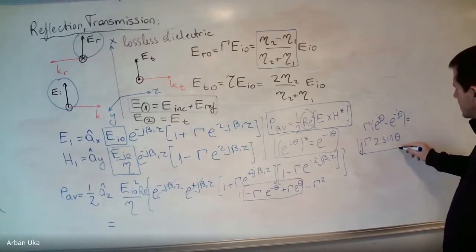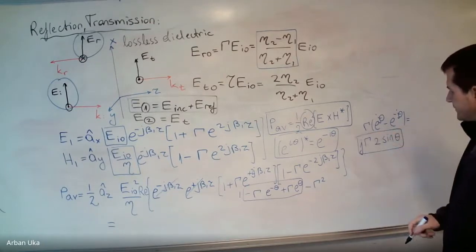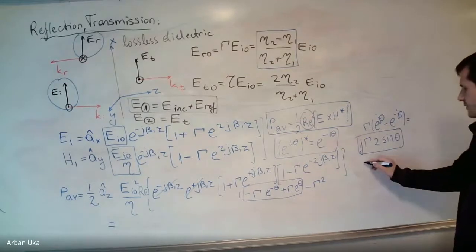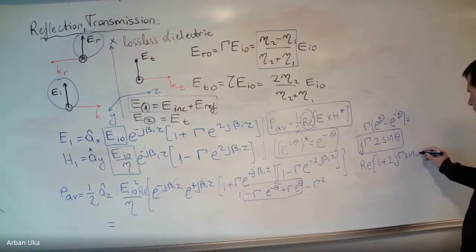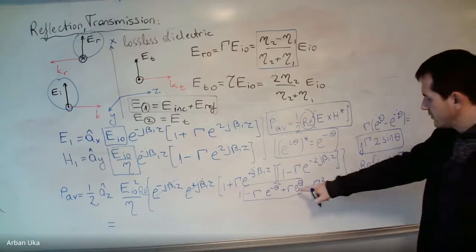What is the real part of this term here? e to the power j pi over 2 times 2 sine theta. Wait a second, thank you for your interrupt. Sorry for your comment.